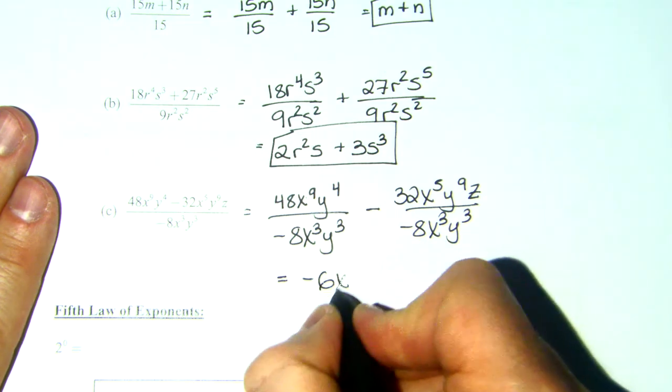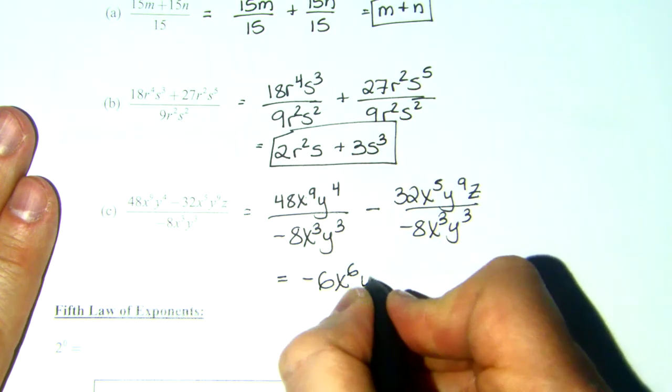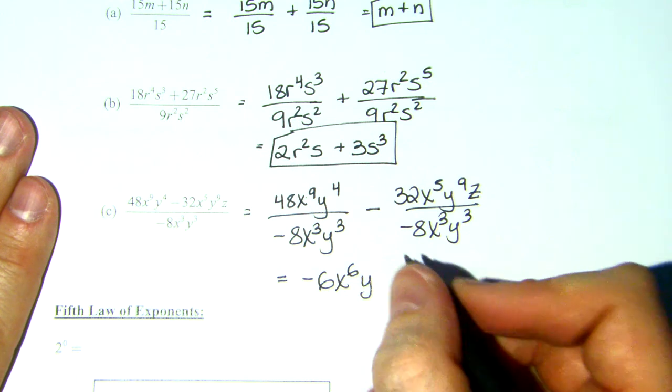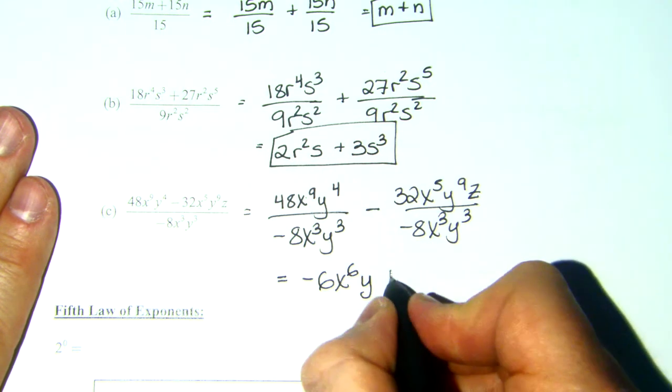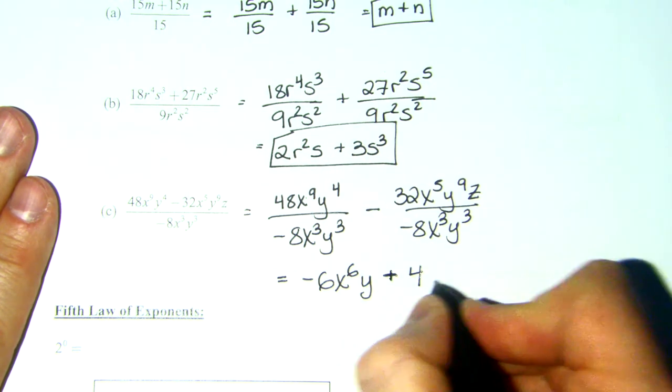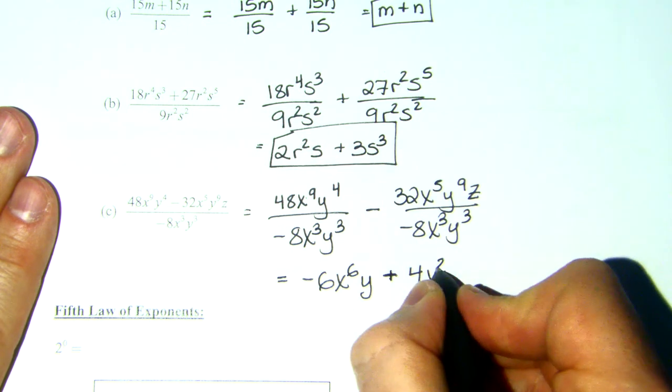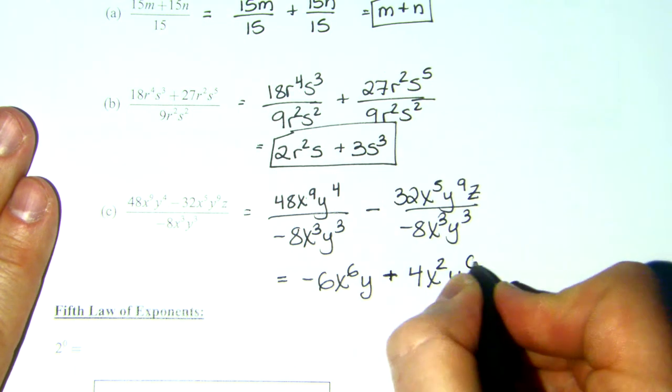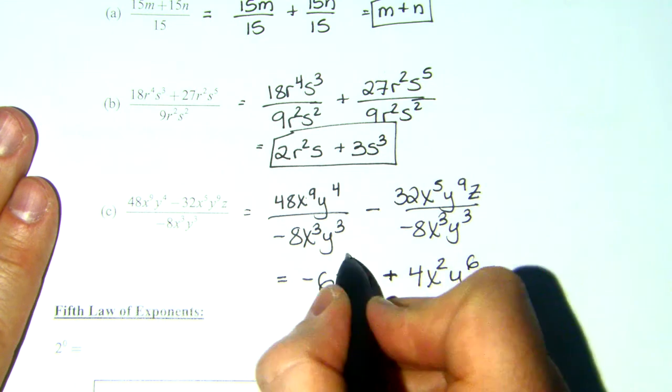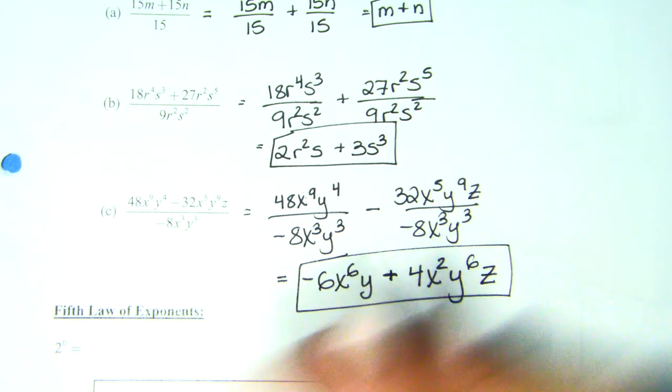X to the sixth on the top, y on the top. The double negatives are going to make this a plus, so I'm going to say plus 4 x squared y to the sixth with a z over there.